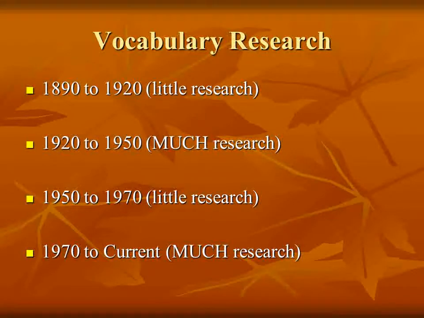This was a book that each teacher was expected to keep on their desk, and in the book was a list of words that teachers at every grade level were expected to teach. From 1920 to 1950, vocabulary research was flourishing, but little research was conducted from 1950 to 1970, and since 1970, there's been extensive work done in vocabulary research.